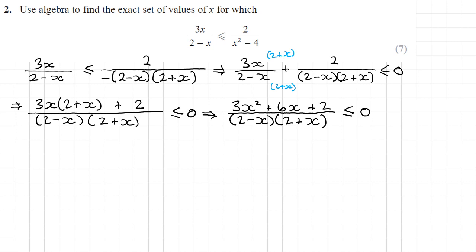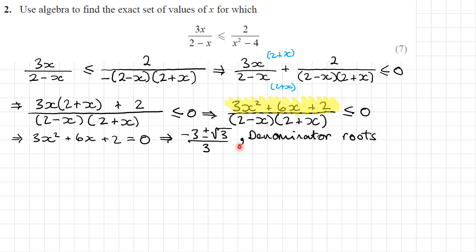So what I'm going to do now is to find the roots of the numerator, this 3x squared plus 6x plus 2. So if I solve that, I'll do that on my calculator. So 3x squared plus 6x plus 2 equal to 0. That gives me negative 3 plus or minus root 3 over 3.